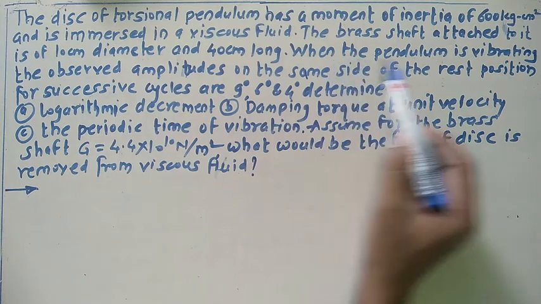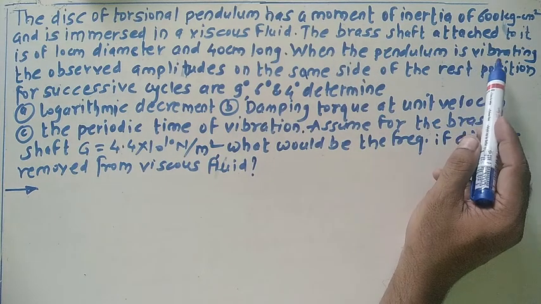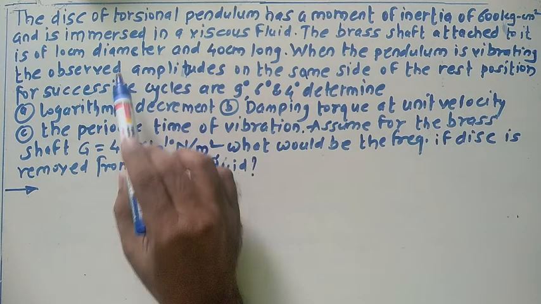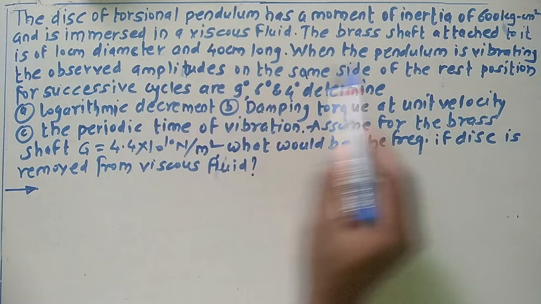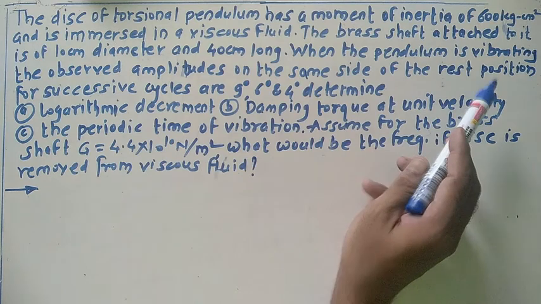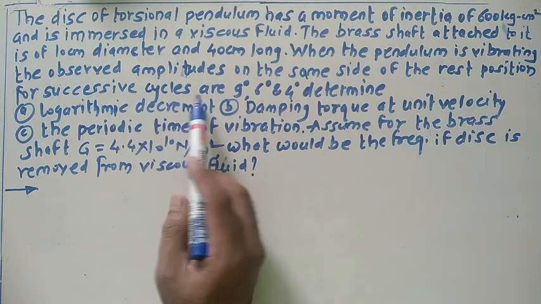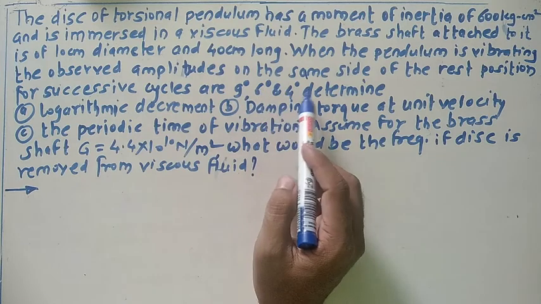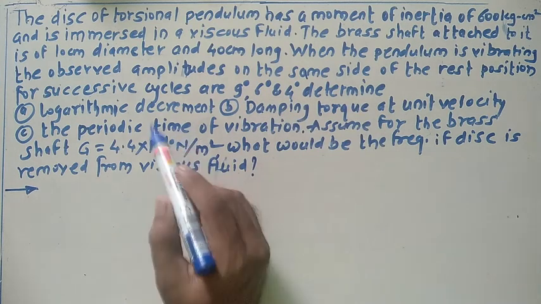When the pendulum is vibrating, the observed amplitudes on the same side of the rest position for successive cycles are 9 degree, 6 degree and 4 degree. Determine the logarithmic decrement.